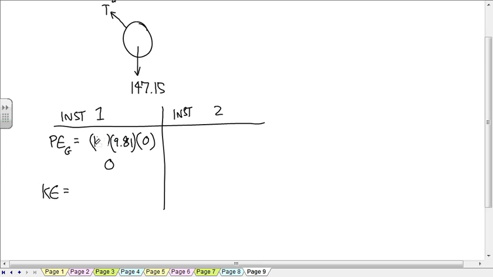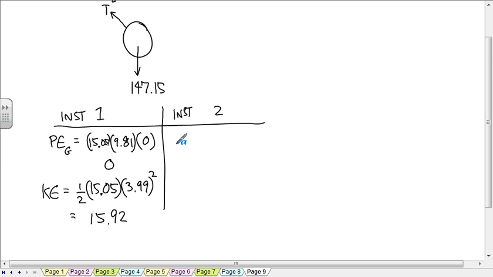The whole thing is swinging together, so that should be 15.05. You still get 0 there, but that's important for understanding how this works. The kinetic energy is 1/2 times 15.05 times 3.99 squared. Can someone calculate that? 119.8.